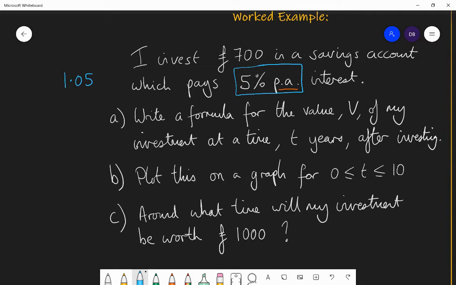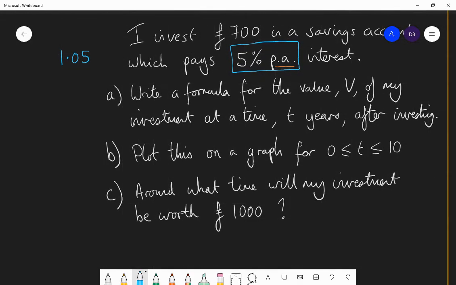So if I wanted to know the amount I had after 1 year, it would be 700 times 1.05. If I wanted for 2 years, it would be 700 times 1.05 squared, etc. So the formula for the value of my investment, so V equals I start with 700 and I multiply it by 1.05 to the power of however many years I've had that investment.